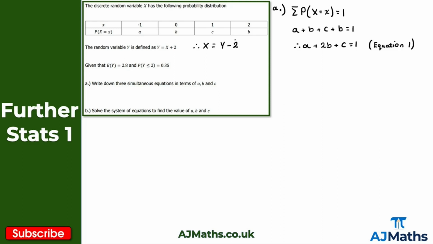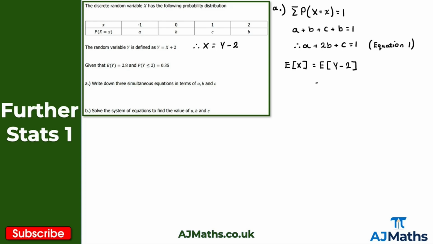So I want the expectation of x here. I'm now going to take the expectation of both sides. The expectation of x is equal to the expectation of y minus 2. Like so. From here, we need to use the properties of discrete random variables and linearity.